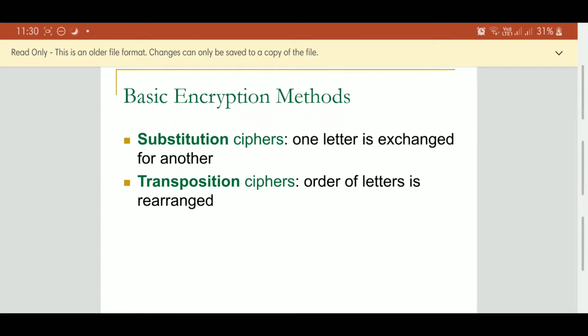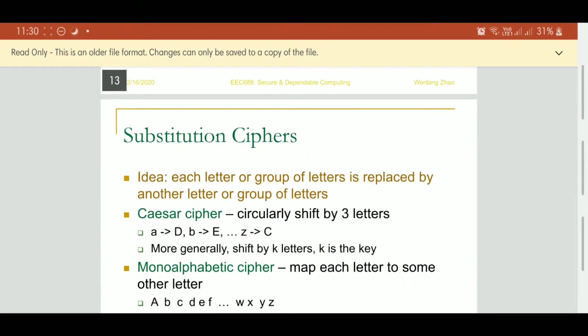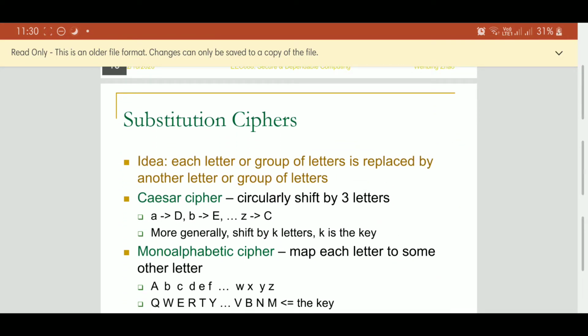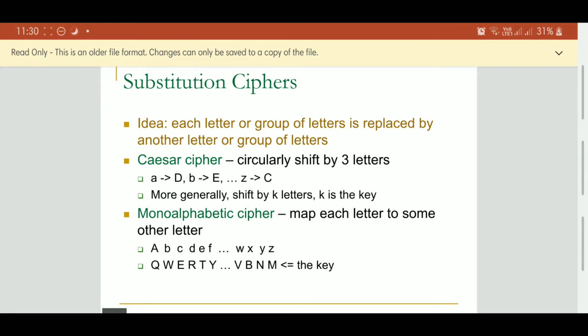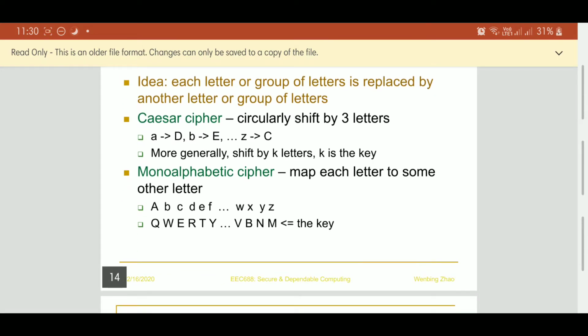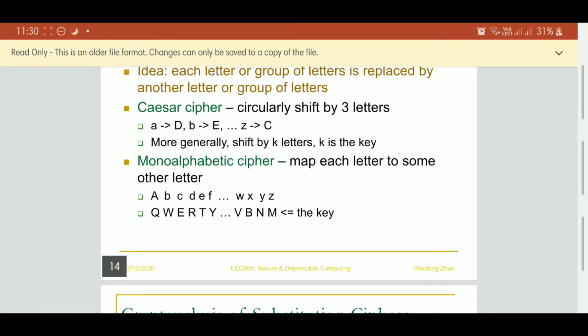Basic encryption methods are substitution ciphers, where one letter is exchanged for another, and transposition ciphers, where the order of letters is rearranged. Substitution cipher. Idea: each letter or group of letters is replaced by another letter or group of letters. Caesar cipher: circularly shift by three letters, A to D, B to E, and so on.